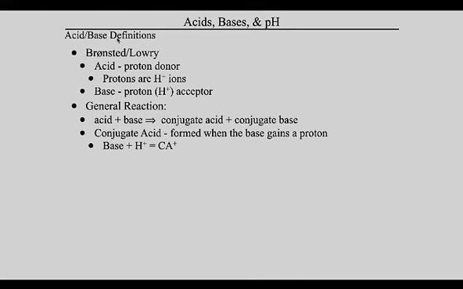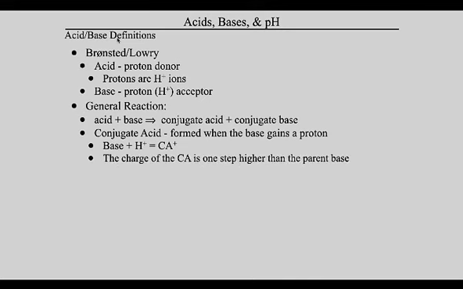Why is the charge of the conjugate acid positive? Because it gained a proton, and a proton's positive. So the base, in picking up a positive proton, becomes the conjugate acid, but its charge becomes positive. And I know that means nothing to you. I'll show you in a second.